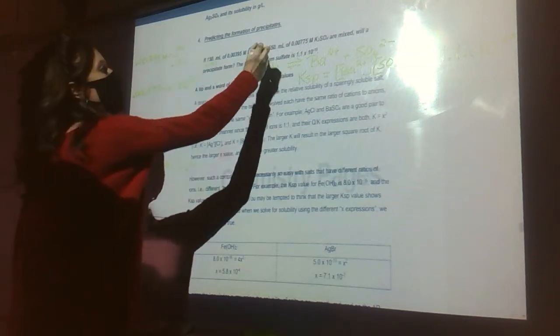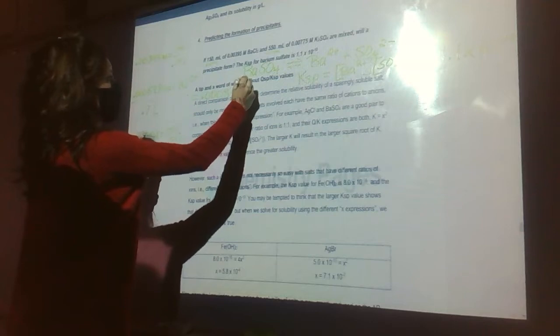Okay, so to put into my Q equation, I have to know the concentrations. And all I have right now are moles. So I'm going to divide moles by liters. I mixed 150 milliliters with 550 milliliters to get 700 milliliters.